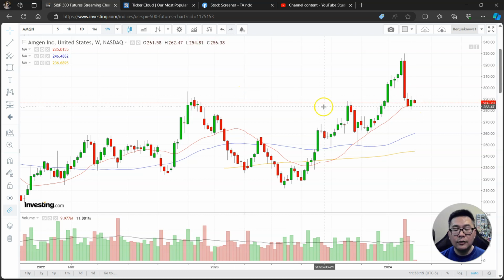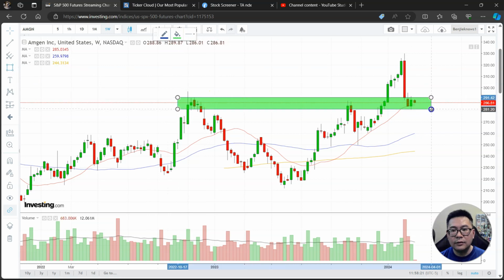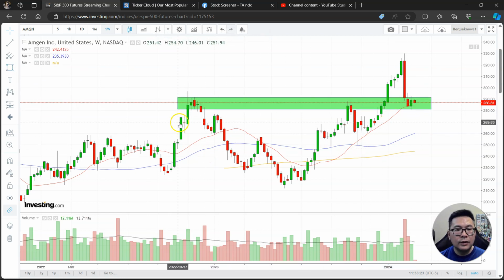And if you look at the weekly chart, you can actually see that it is sitting at a very nice long-term support area. So we have one previous high here and another previous high. If you learn about technical analysis, support and resistance, a previous high once overcome, it traded above the previous high, becomes a new area of support.